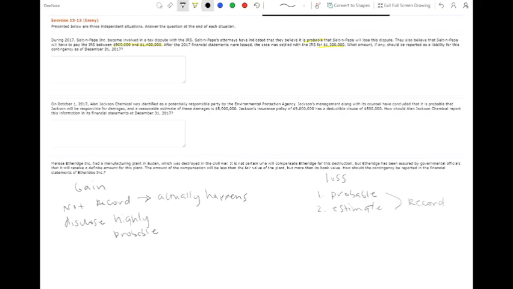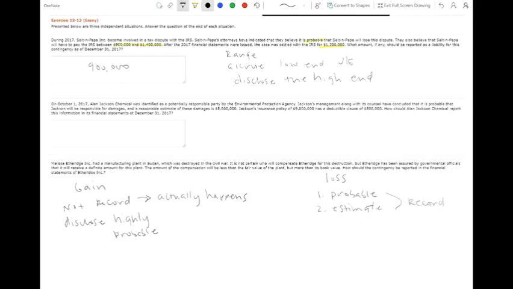If what you have is a range, you will accrue or record the low end of the range, actually do a journal entry for it, and then you'll just disclose the high end. So in this problem, the question asks what would be reported as a liability. The answer would be 900,000, with the high end being disclosed in the footnotes up to 1.4.